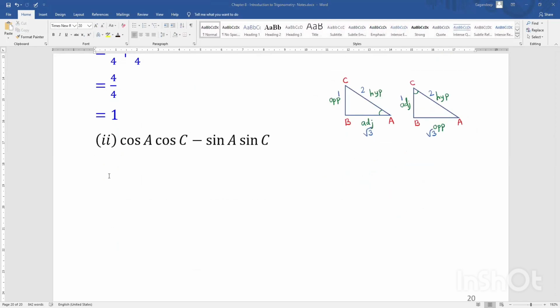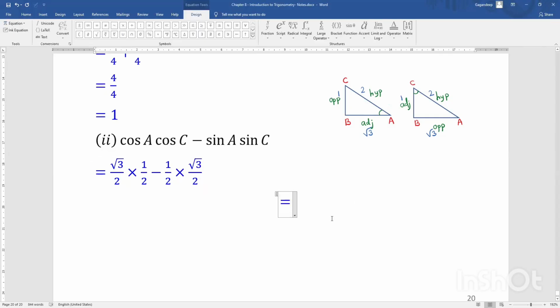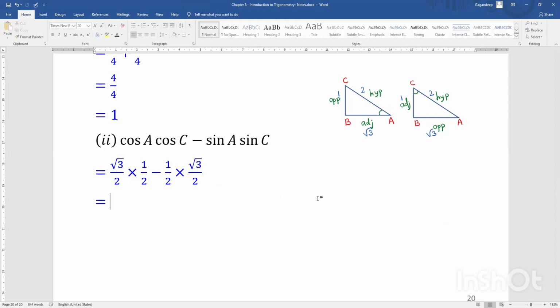Cos A is root 3 by 2 into 1 by 2, minus sin A, which is 1 by 2, into root 3 by 2. So 3 into 1 is 3 and 2 into 2 is 4, so you get 3 by 4.